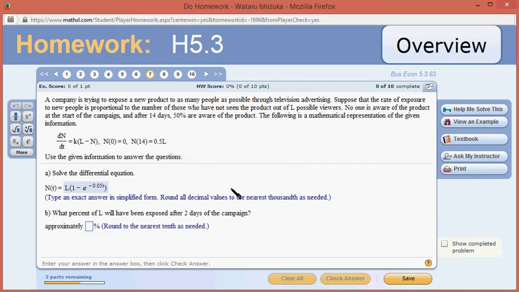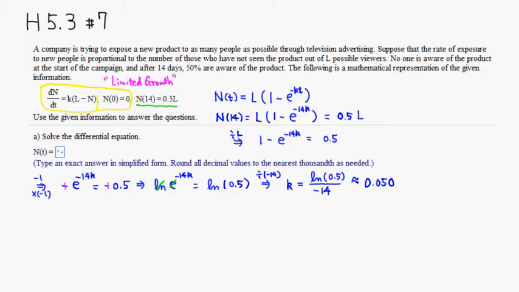So what percent of L will have been exposed after 2 days of campaign? So let's say after 2 days. So we're going to plug in, where t is in days. So we look at N of 2.